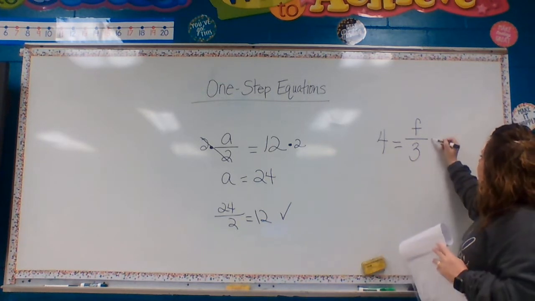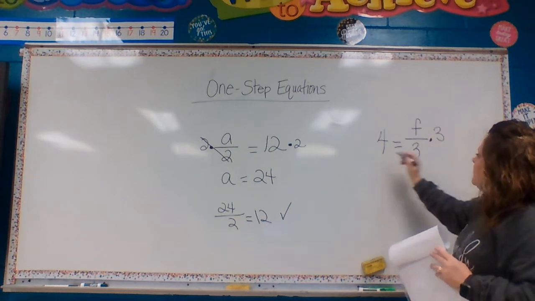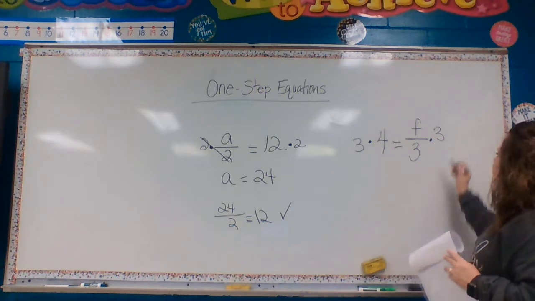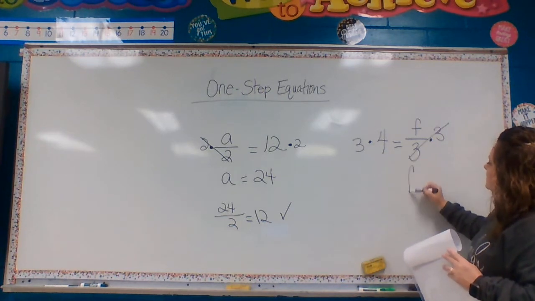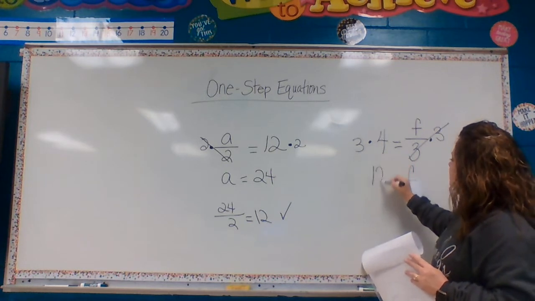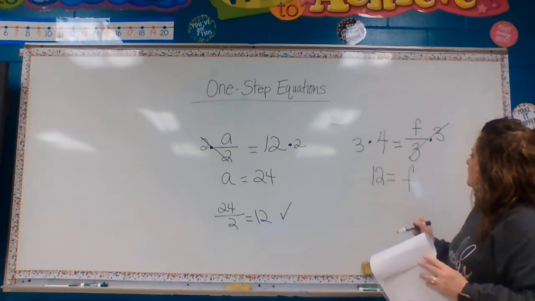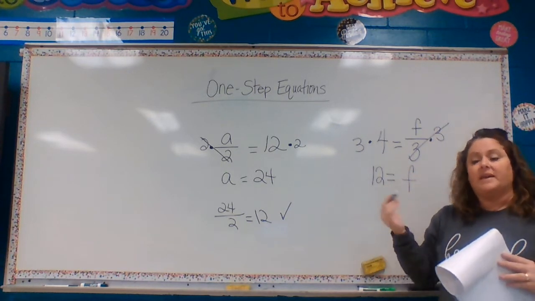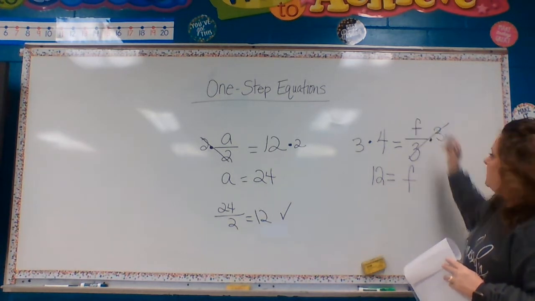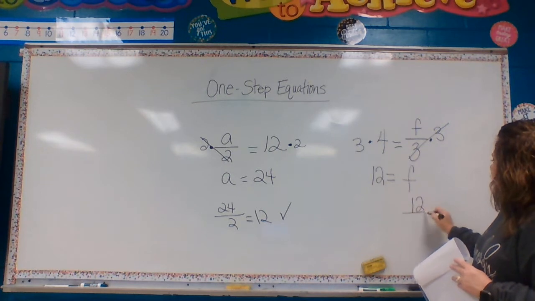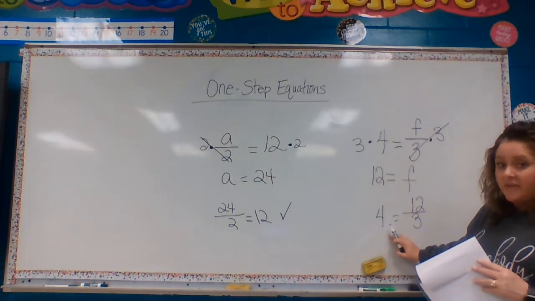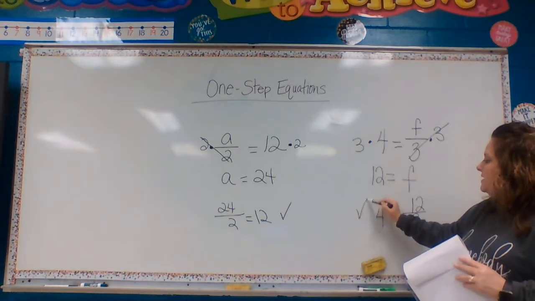So I'm going to multiply this side by 3, and I'm going to multiply this side by 3. Okay? These 3s cancel, leaves me with an f, and 3 times 4 is 12. That's it. And so I can go back and check myself, and I would plug 12 in for f, and it would be 12 divided by 3 equals 4. Is 12 divided by 3 4? Yep. So that one checks.